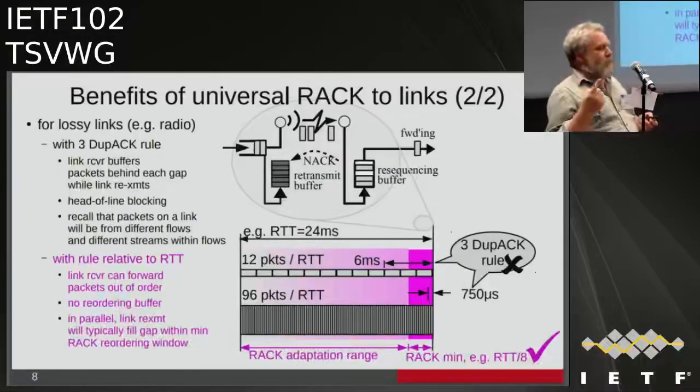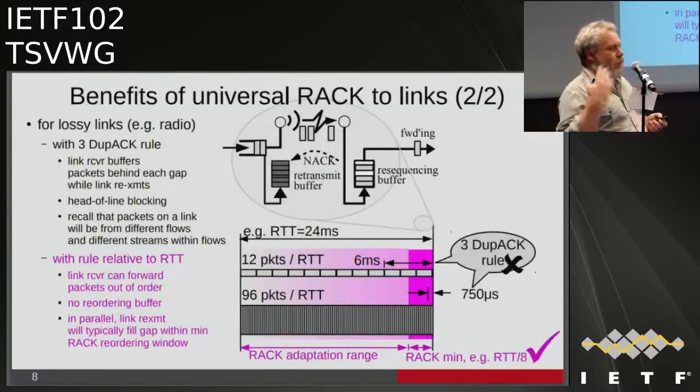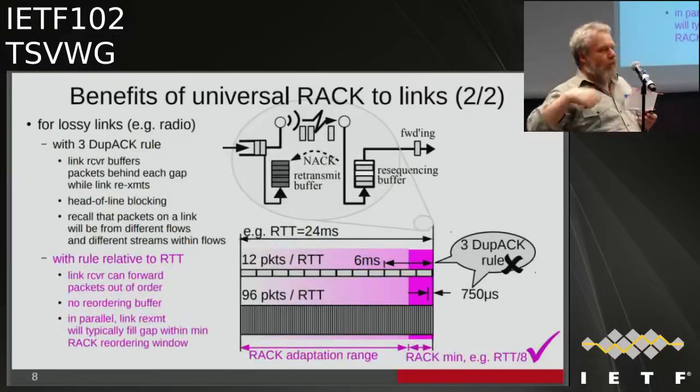So then there's a second benefit of RACK to links, and that is if you've got a lossy link, like a radio link, with the three duplicate ACK rule, you quite often have a link layer retransmission going on to heal the radio losses.